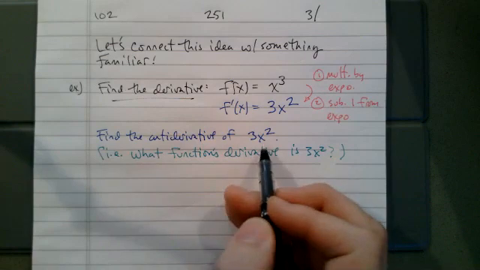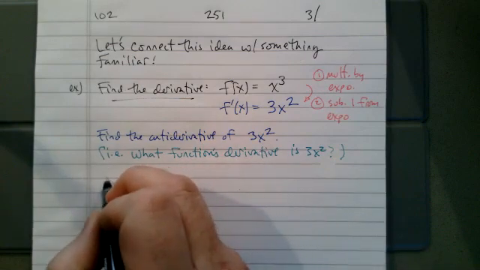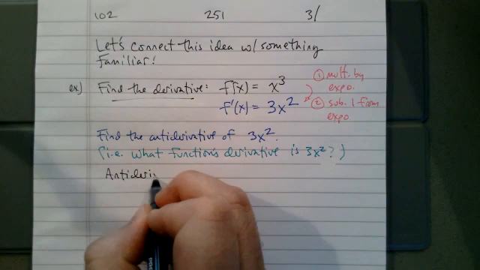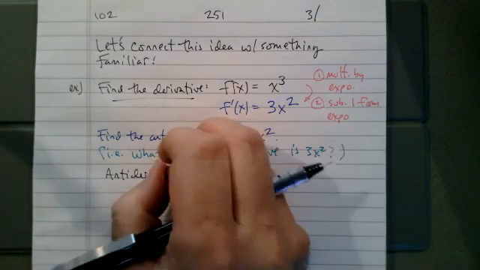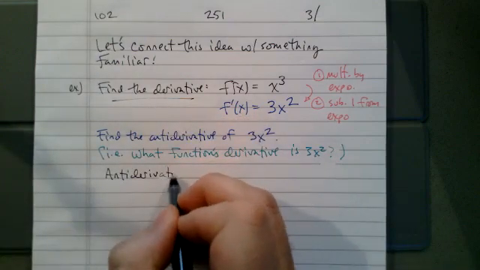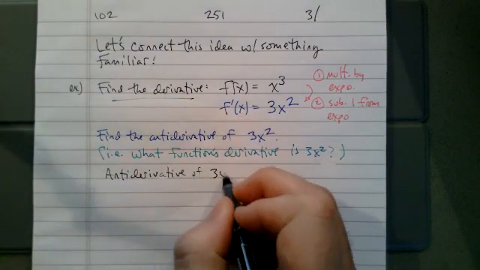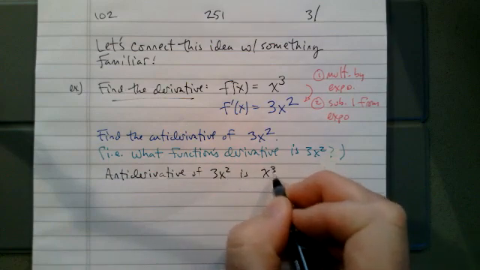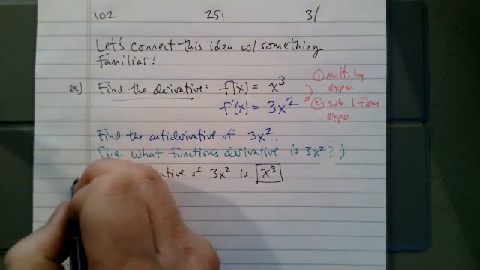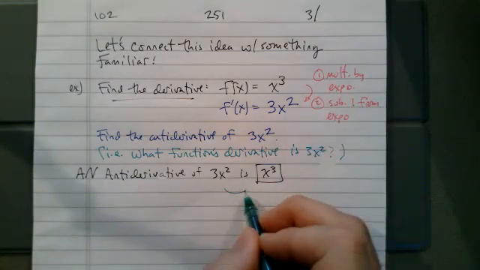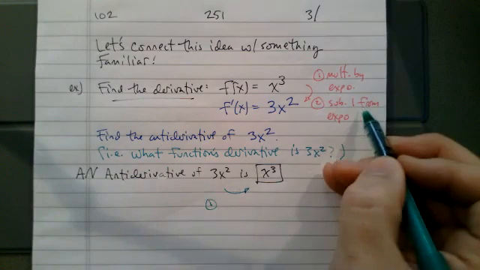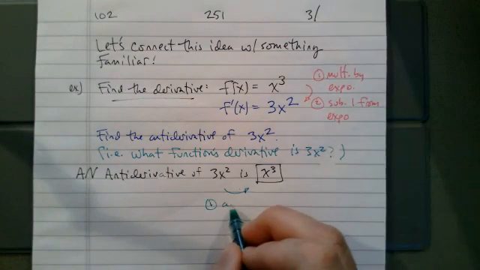So the antiderivative of 3x squared, I spelled "an" wrong. I should say an antiderivative of 3x squared is x cubed. We're going to do the inverse of the find derivative process. The inverse of subtract 1 from the exponent, we add 1 to the exponent.